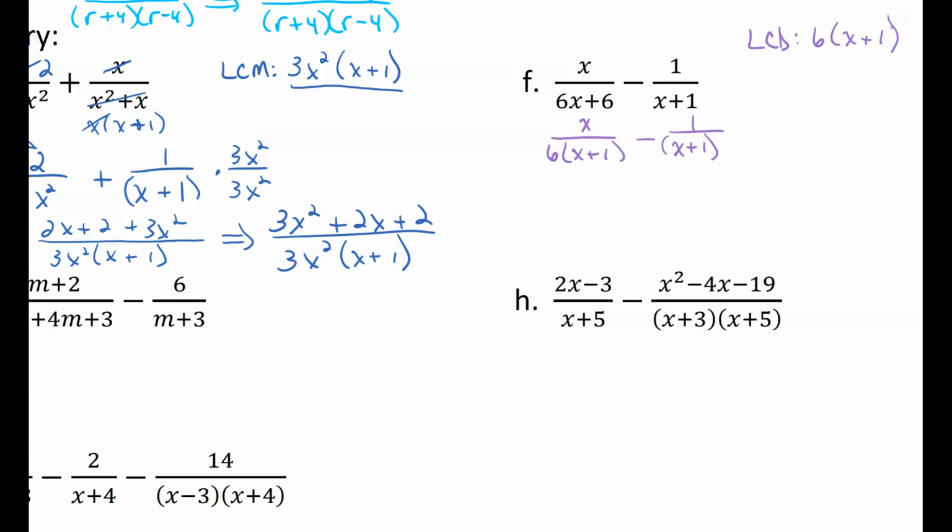Yep. The first term already has both of those, but the second term is missing the 6. So we'll multiply this one by 6 over 6. Okay, denominators are now the same, and so multiplying 1 by 6, and then not forgetting that we have a negative in the front, we get the x minus 6 over 6 times x plus 1.